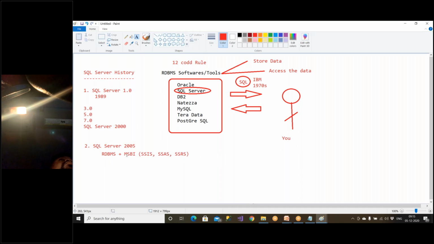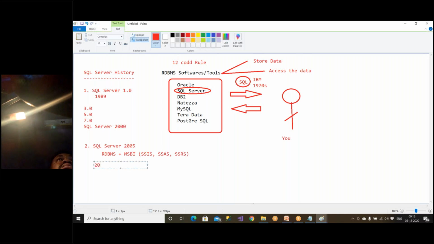Clear? So what is MSBI? Microsoft Business Intelligence. What is RDBMS? It can store the data and retrieve the data. Apart from that, it also has a lot of other features. MSBI was introduced to perform data analytics and everything. Clear? This change happened in SQL Server 2005.